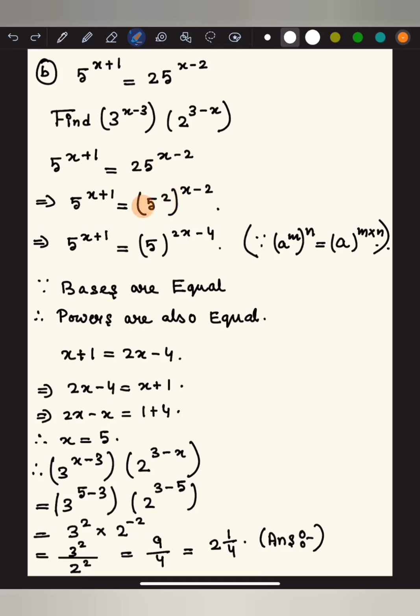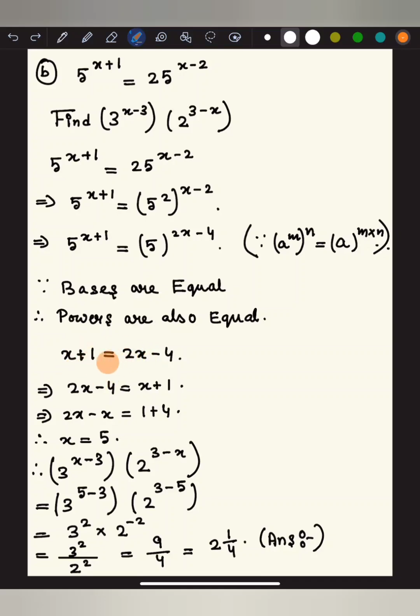Okay, so 5 square to the power x minus 2, which becomes 5 to the power 2 into x minus 2, that is 2x minus 4, because a to the power m whole to the power n is equal to a to the power m into n, right? So since bases are equal, therefore powers are also equal. Therefore we can say that x plus 1 equals 2x minus 4. That is what I have done, which implies I have just changed the sides.